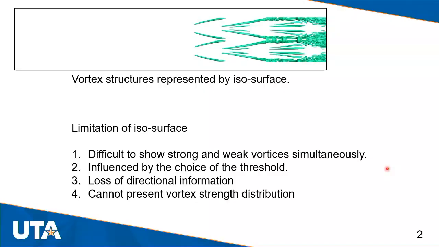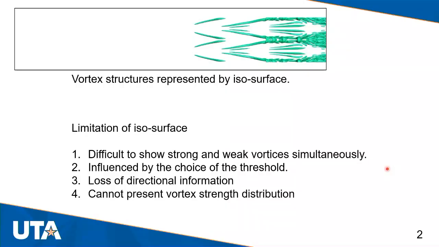We do not have a uniform standard for which threshold is good and which threshold is bad. We just adjust and view the structure by our eyes, so it's not very rigorous. The third limitation is that looking at the isosurface, we cannot tell the direction of the rotation.